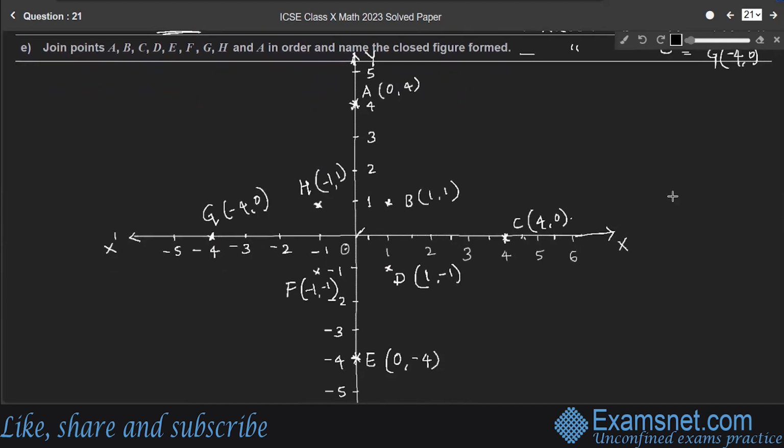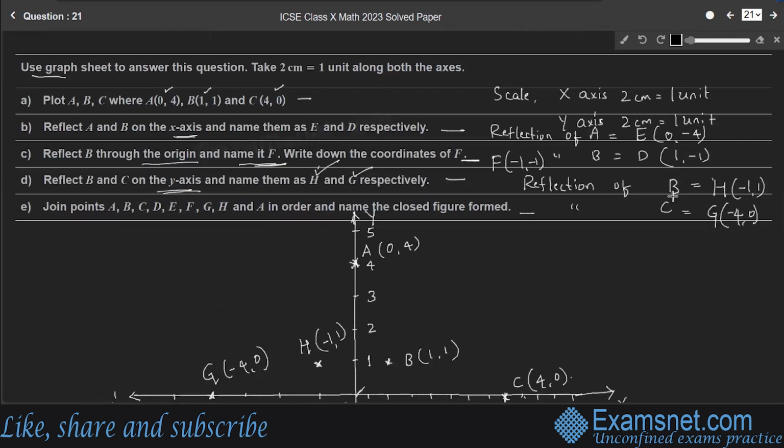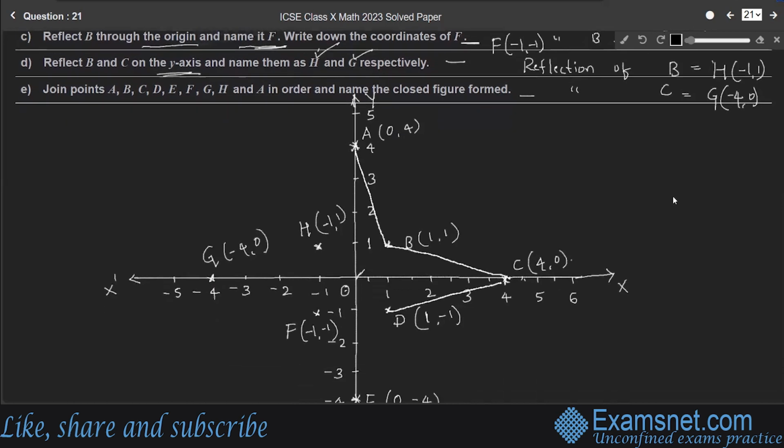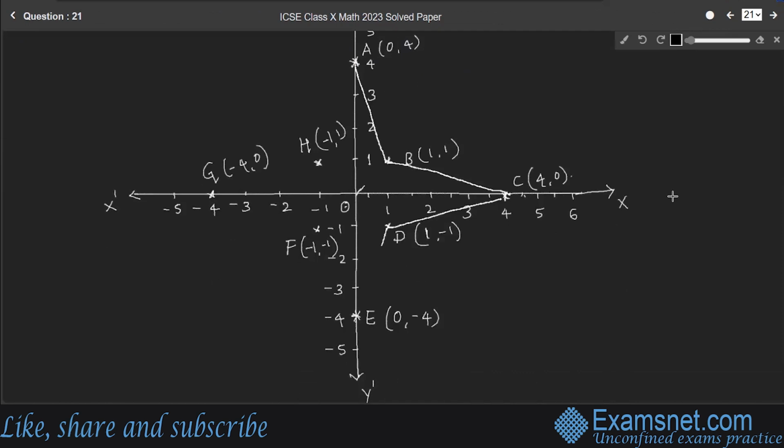So we'll start from A to B. Join A and B in this order. B to C. Next is C to D. Join C and D. Next, D to E. E to F. Right?